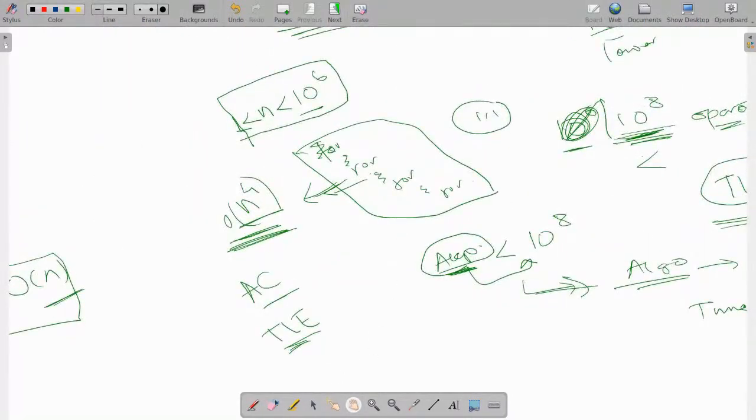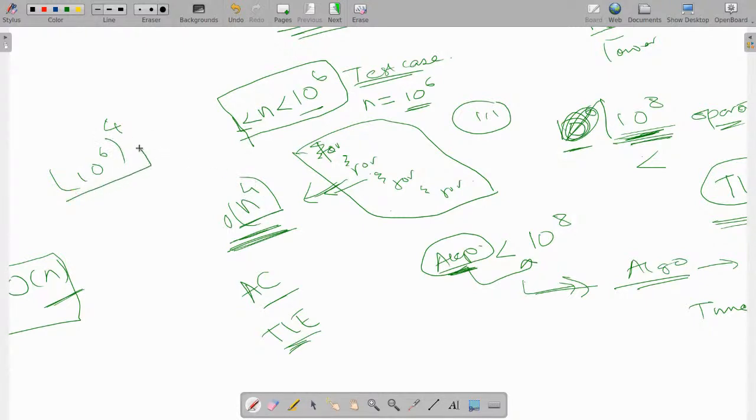And what is the worst case? That any one test case is there where the value of n is in the range of 10 to the power 6, and this test case is applied to our algorithm. Our algorithm will do this many operations, 10 power 6, because the test case is n and our complexity is n power 4.